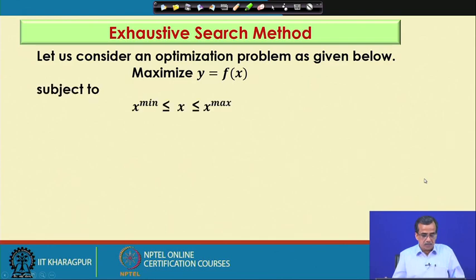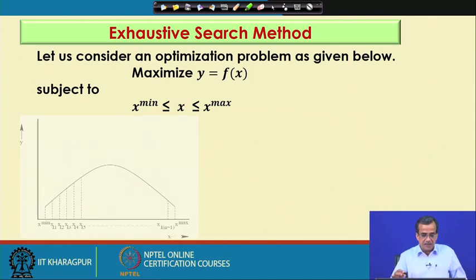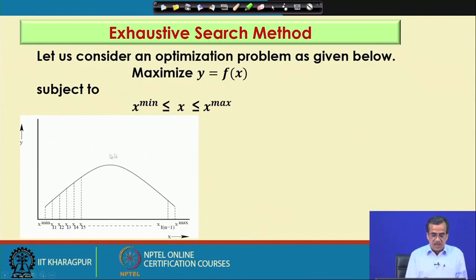Maximize y equals to f(x) subject to x lying between x minimum and x maximum. Let me consider one unconstrained optimization problem, and this is the plot of the objective function. So, y is a function of x, and as I told, I am considering one unimodal function like this.